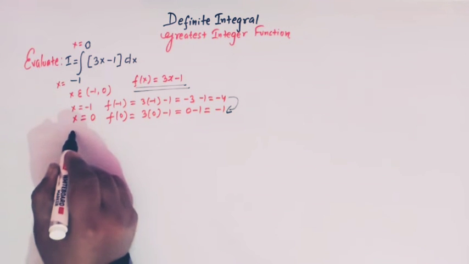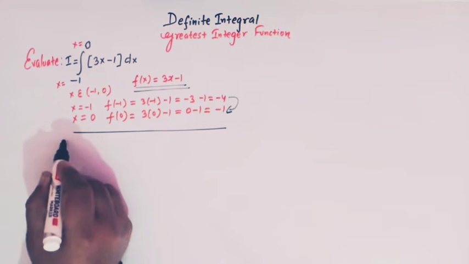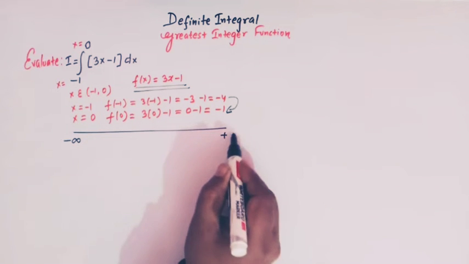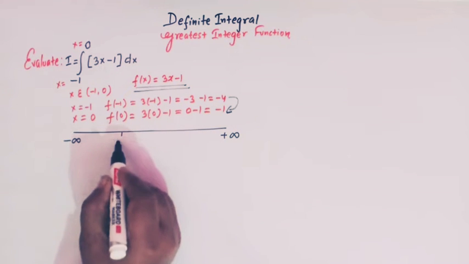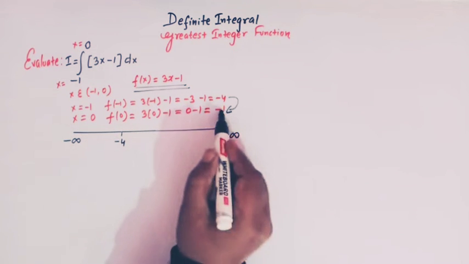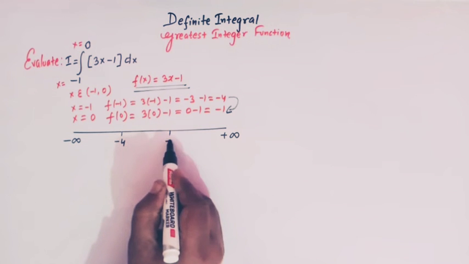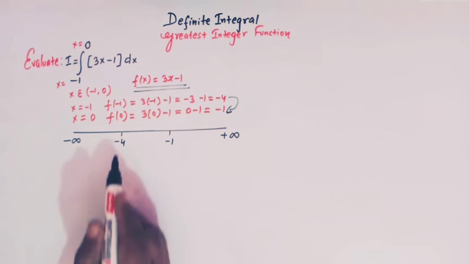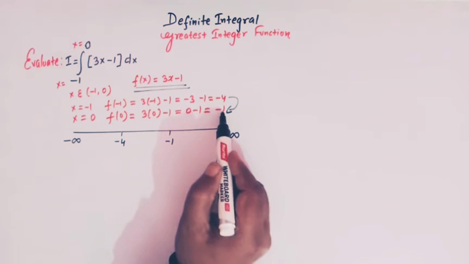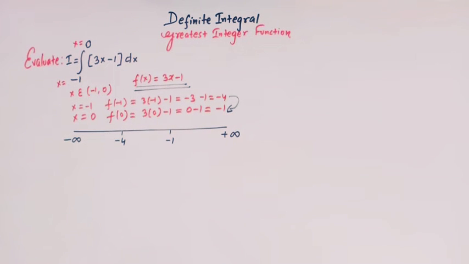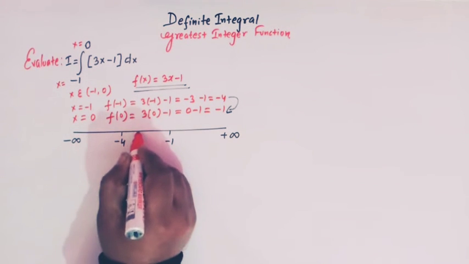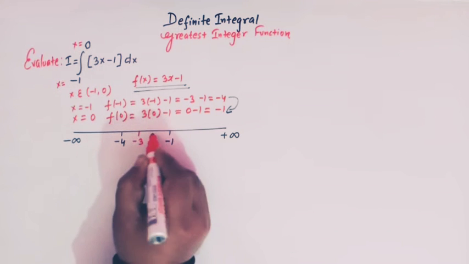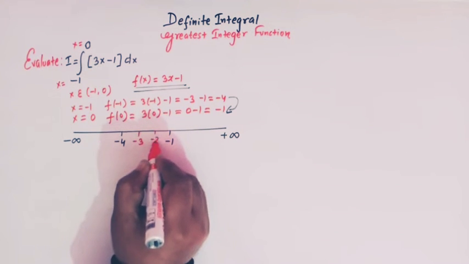Now let us take the real number line. Here we have minus infinity, here we have plus infinity, and minus 4 lies somewhere here, and minus 1 lies somewhere here. Between minus 4 and minus 1 we have two integers, and the integers are minus 3 and minus 2.